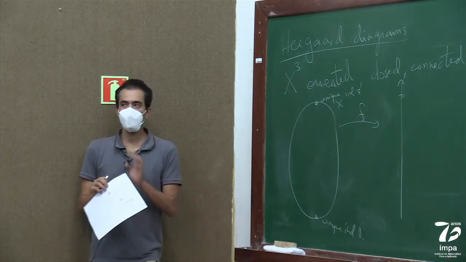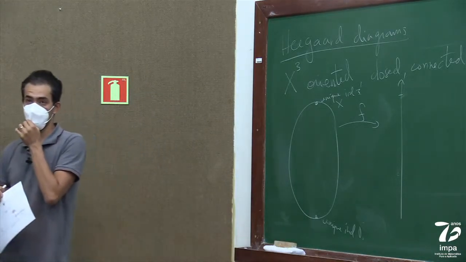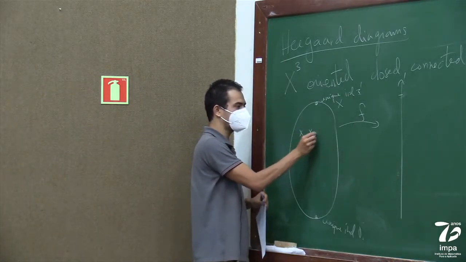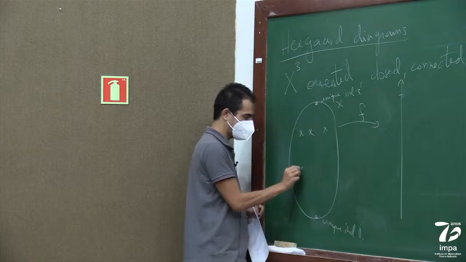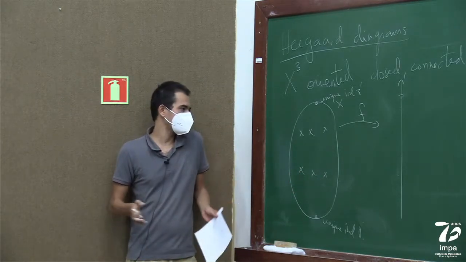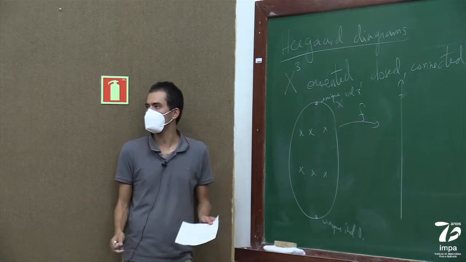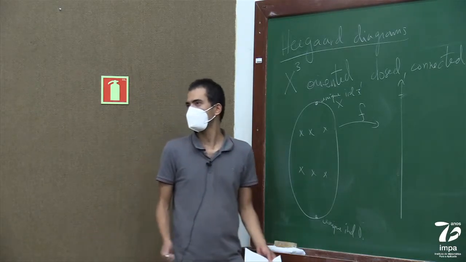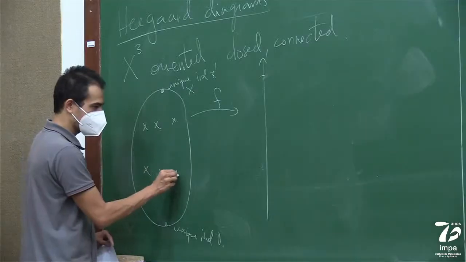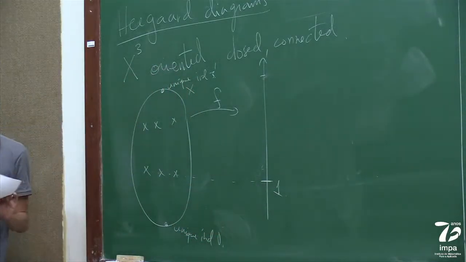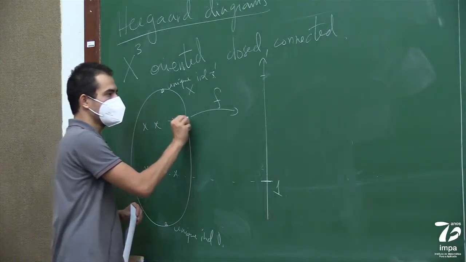And then we can actually, as I explained last time, reorder the critical points in a way so that all the index 2 critical points are above and all the index 1 critical points are below. And we can actually do what's called the self-indexing Morse function. This is just for fun, but you can make all the index 1 critical points have value 1, and all the index 2 have value 2.